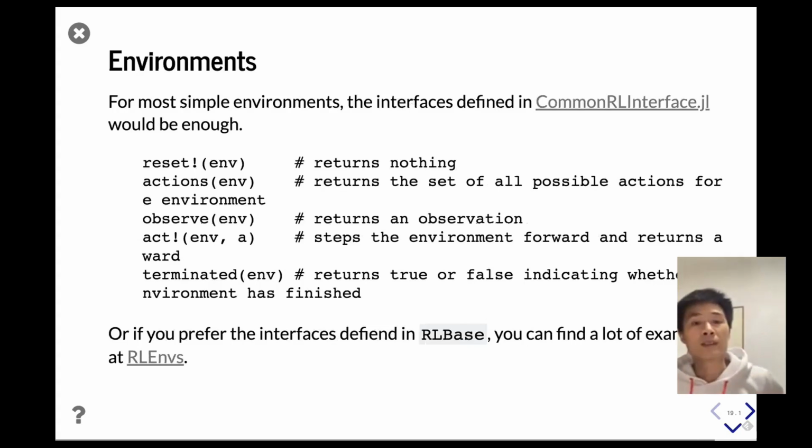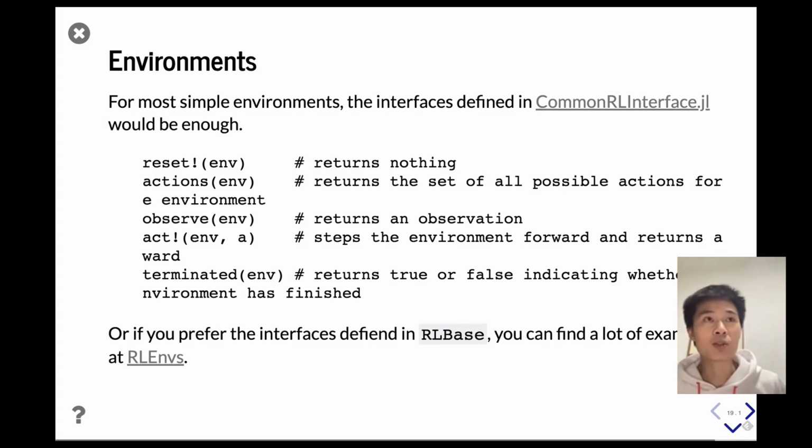Okay, so the next part is about environments. For most simple environments, the interfaces defined in CommonRLInterface would be enough. You only need to implement several methods so that the environment you defined in CommonRLInterface will be recognizable in RL.jl.